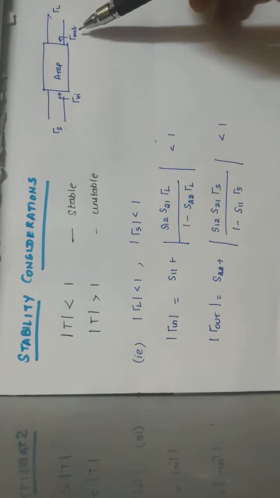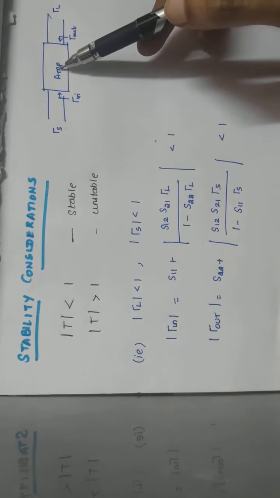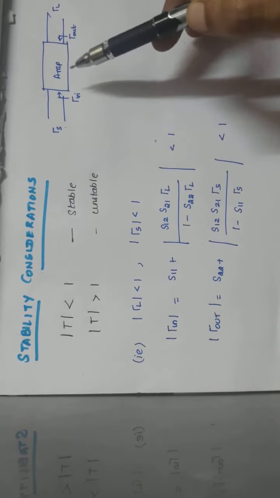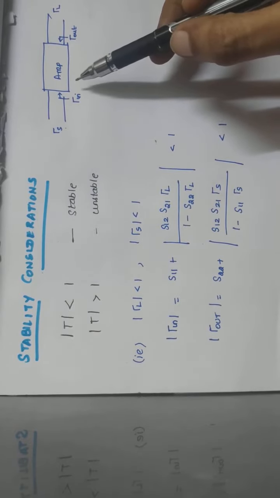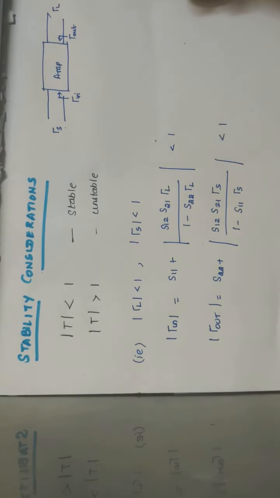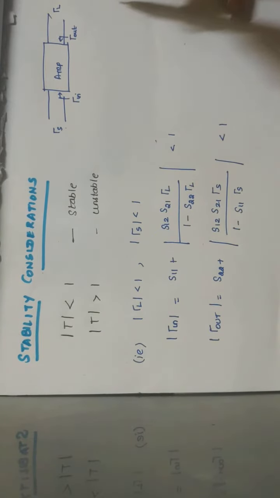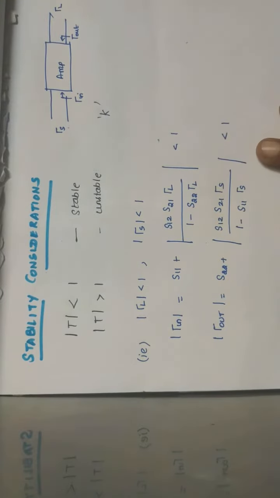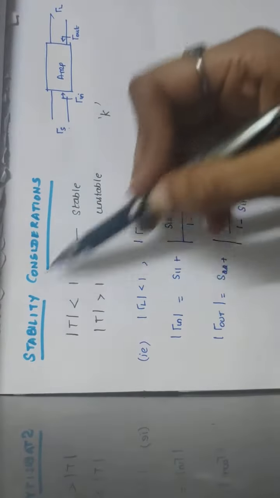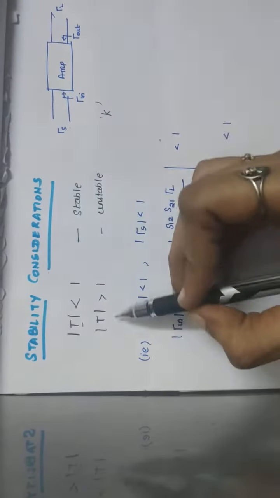Now this is about checking whether the given amplifier will be stable or unstable, and under which regions the amplifier is going to act stable and at which instances it is going to become unstable in nature. We know that from our previous units the reflection coefficient was denoted as K, but in RF ranges we denote it by the term tau.